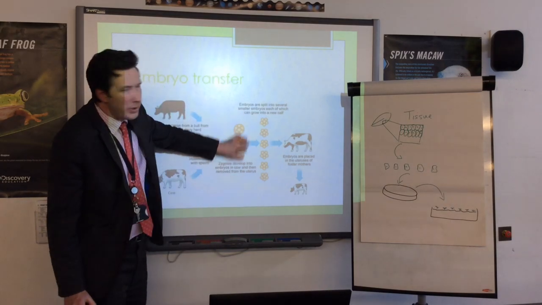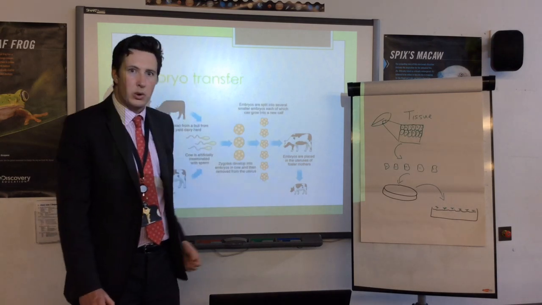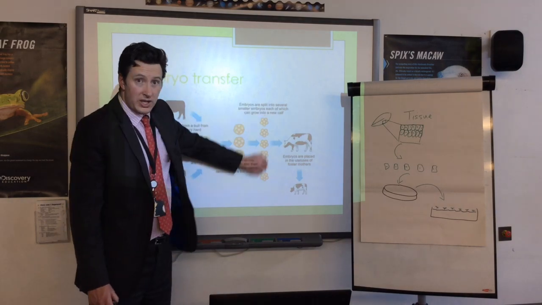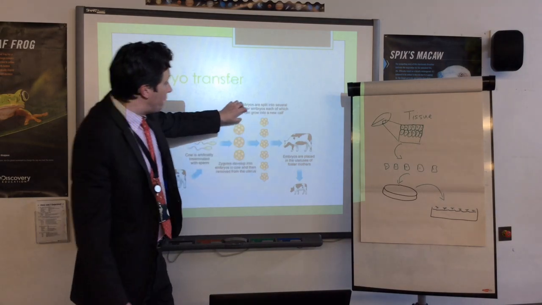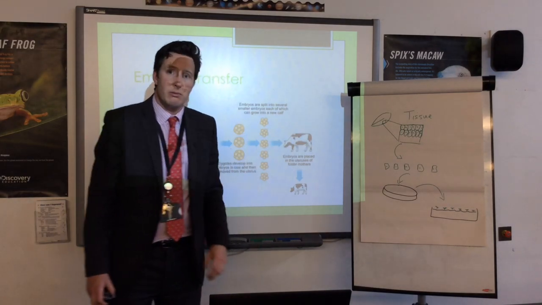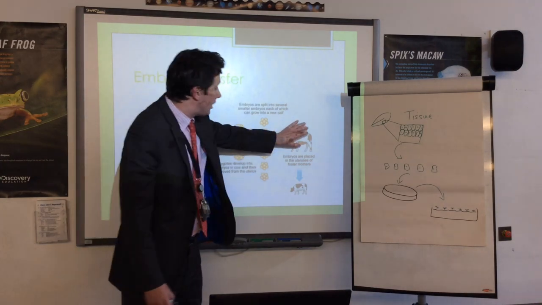Here it might be 16 cells, and each might only have 4, so they'd make 4 copies, each with 4 cells. They allow those cells to divide, and they re-implant them into surrogate mothers, foster mothers, other cows that are going to be carrying the offspring.